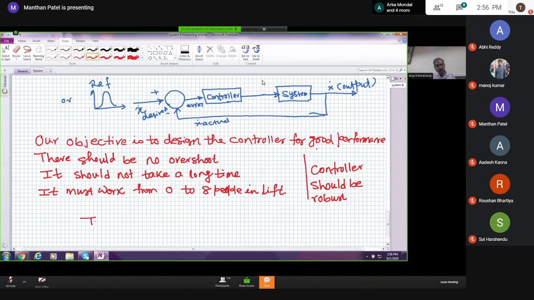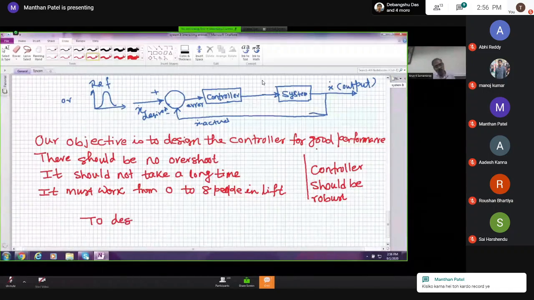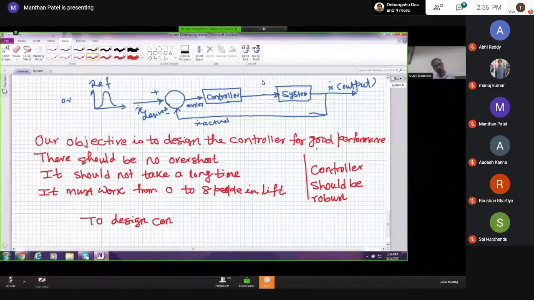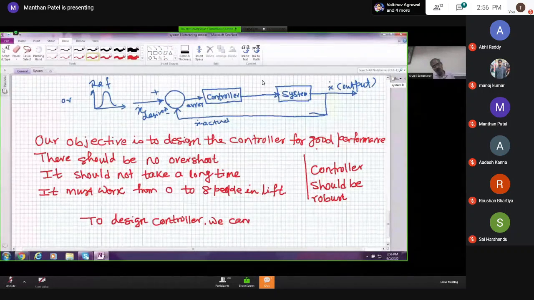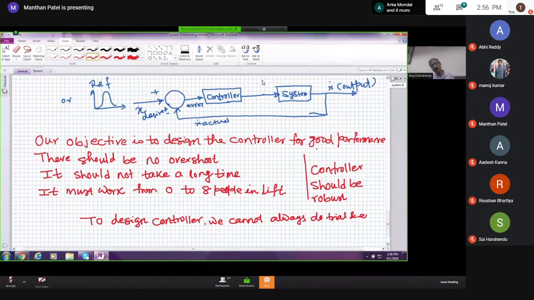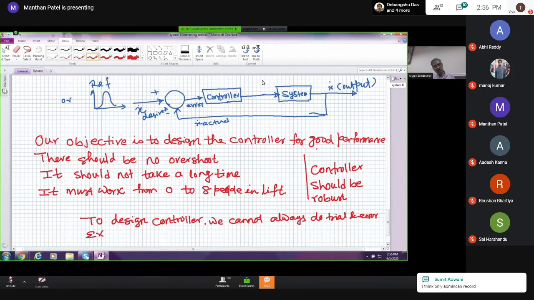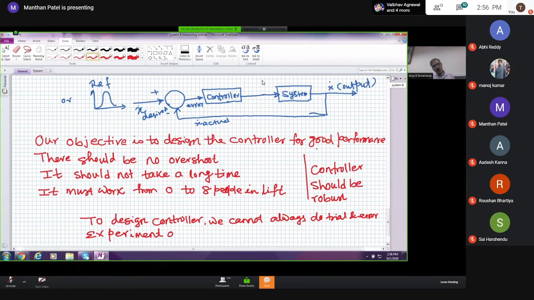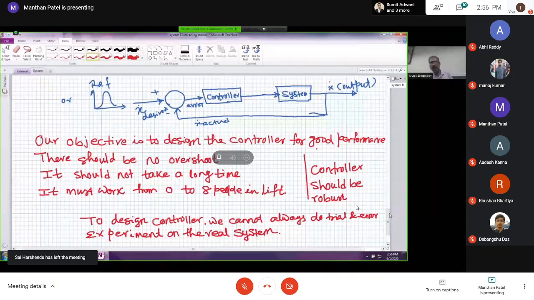To design controller, we cannot always do trial and error experiment on the real system. So this controller, we cannot do experiment on the real system to design it.